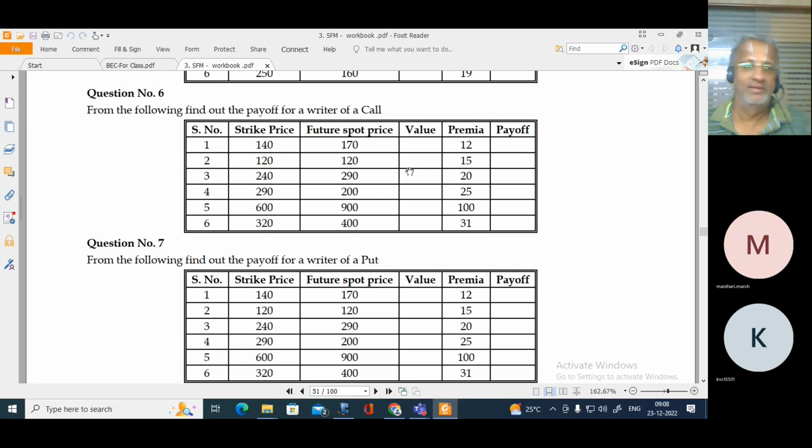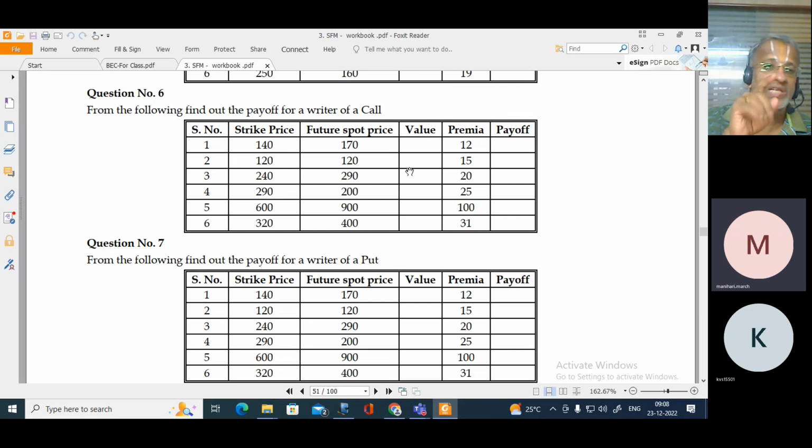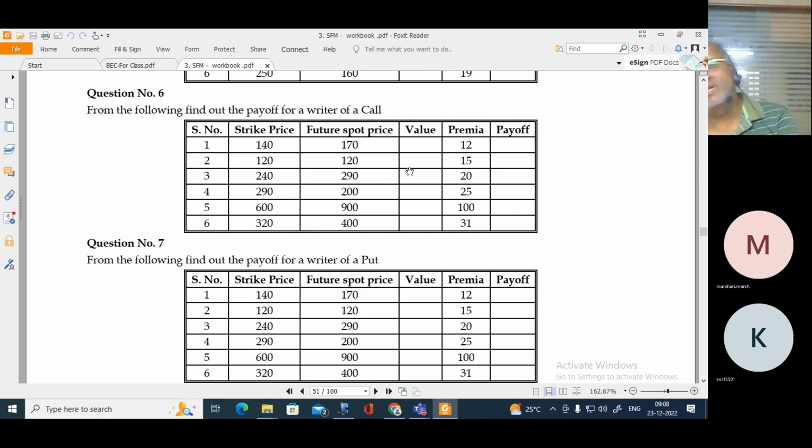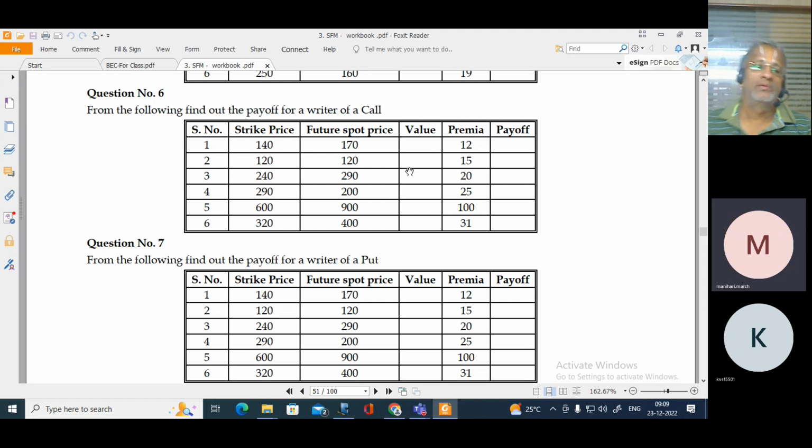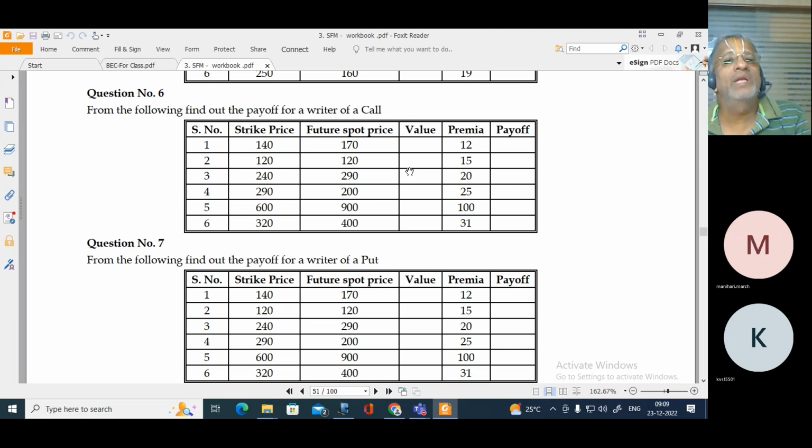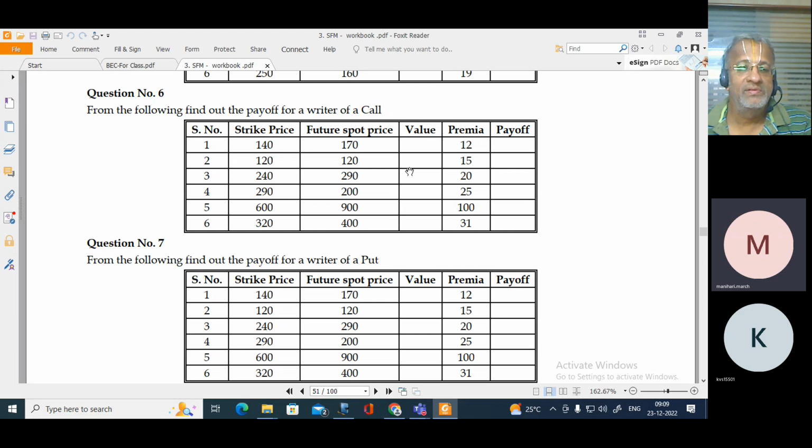Neutral. 0, plus payoff 15, positive 15, an income for him. 240 and 290: minus 50, minus 20, minus 30. 290, 200: 0, 25, plus 25. 600, 900: minus 300, 100, minus 200. 320, 400: minus 80, plus 31, minus 49.